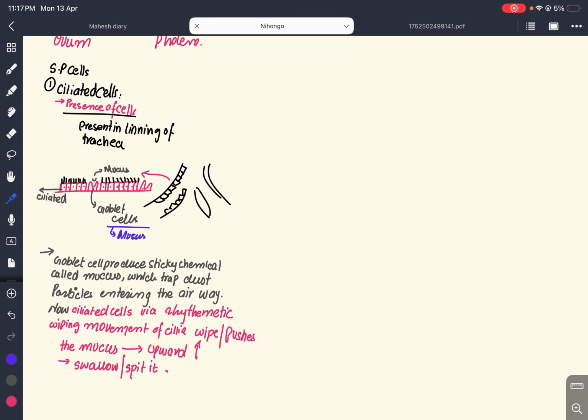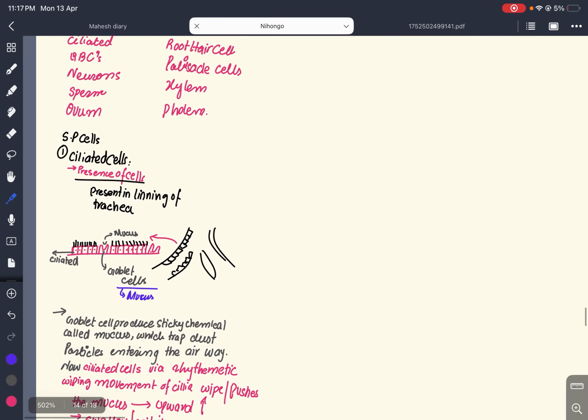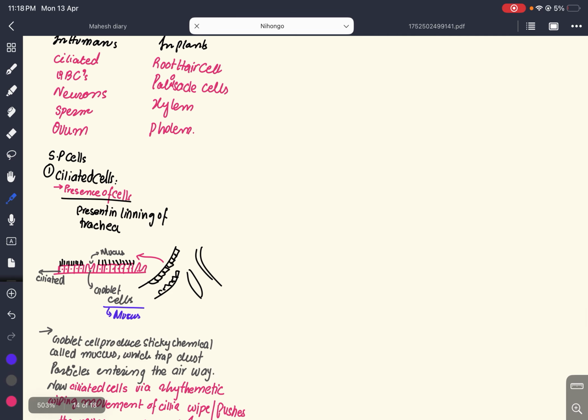And the ciliated cells, which have these hair-like structures, work to push the mucus out, or in the end we probably swallow it or we spit it. So these are mainly the two works that we do eventually, right? So we're done with the ciliated cells.